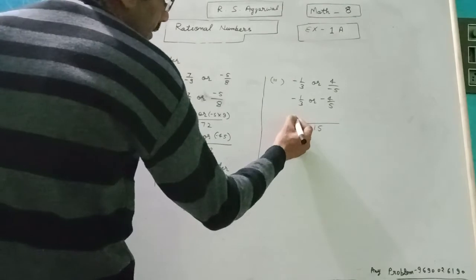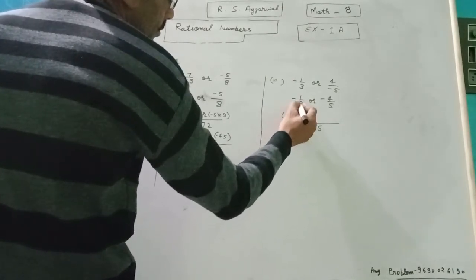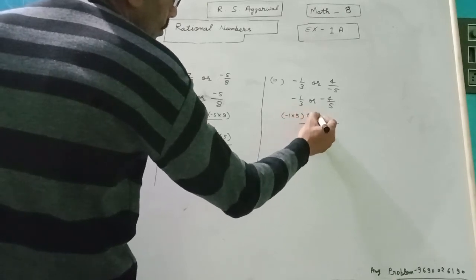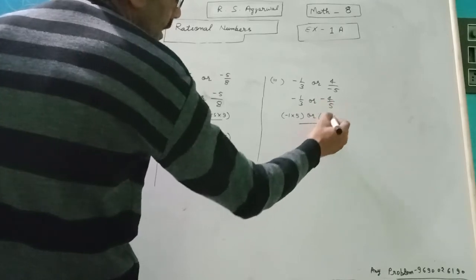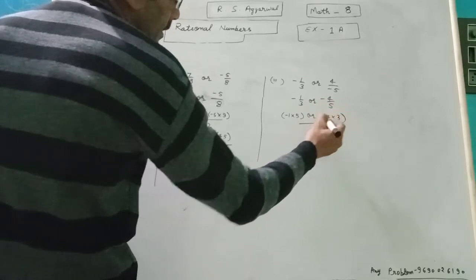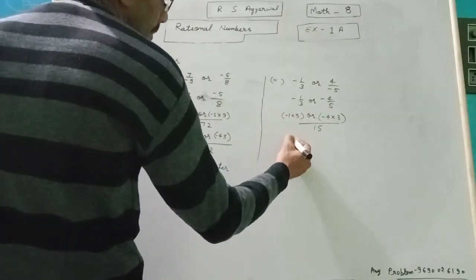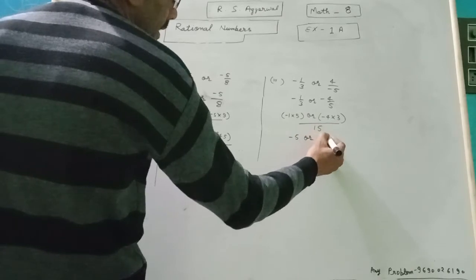Divide by 3. Minus 1 into 5 is minus 5, or minus 4 into 3 is minus 12. After multiply, minus 5 or minus 12.